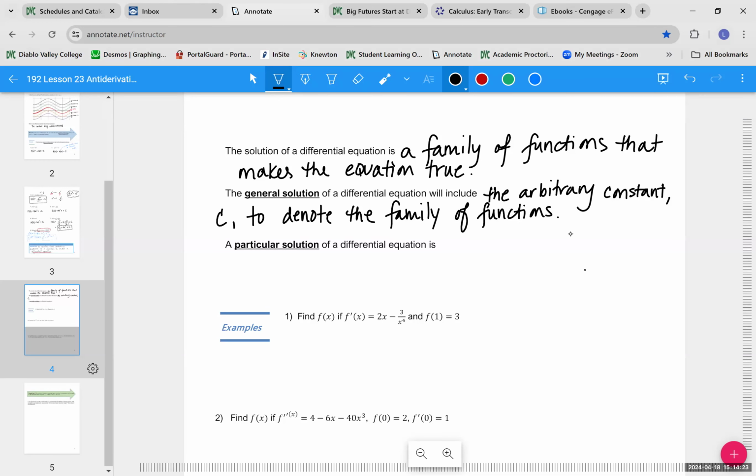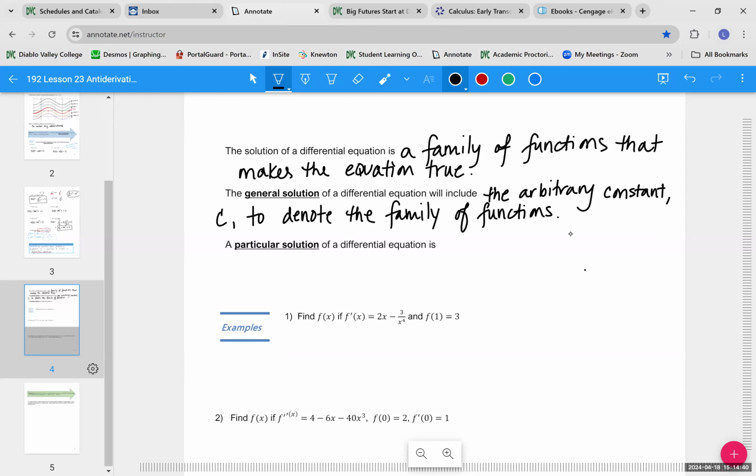We can't list them all out, so we just add the plus c as a way to say, this is the family. It's all of those sine x's plus anything you could add to it. That's a constant.